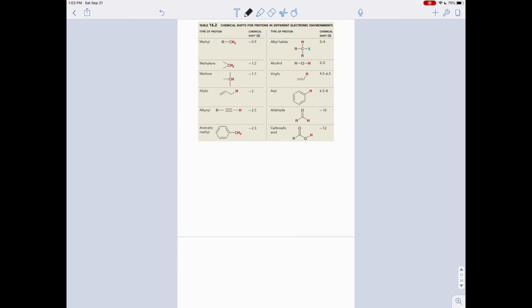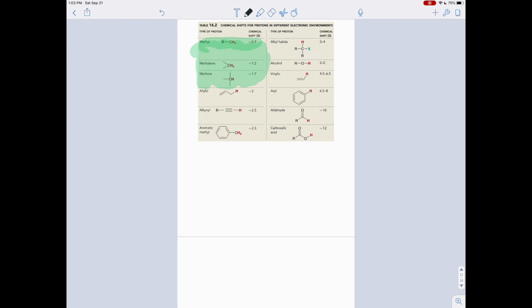Okay, so first, let's focus on the 3 in the top left right now. These 3 right here. So the methyl, methylene, and methine. Notice that their absorptions are all around 1. They're close to 1.